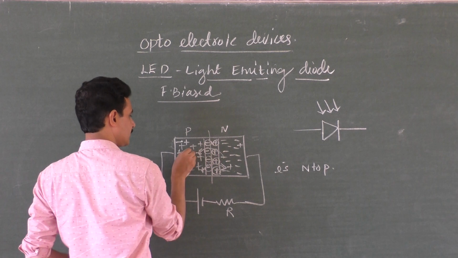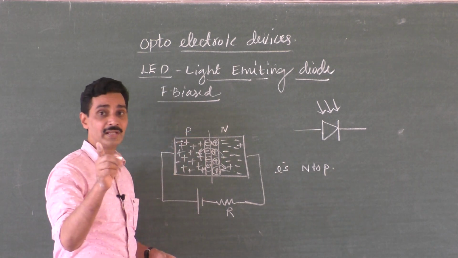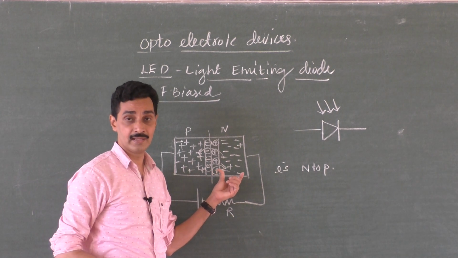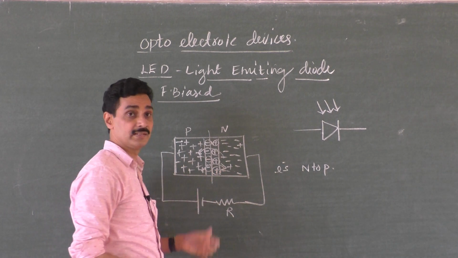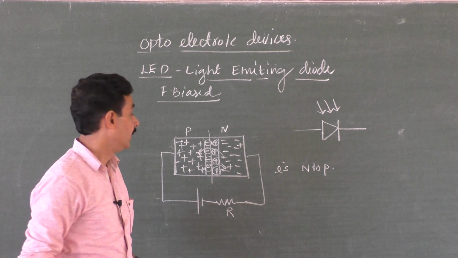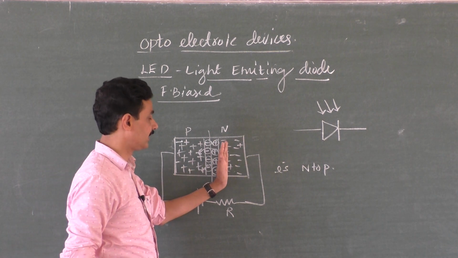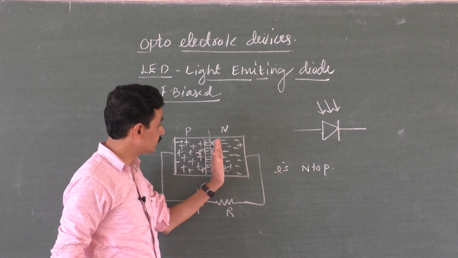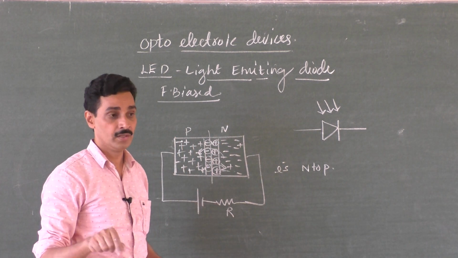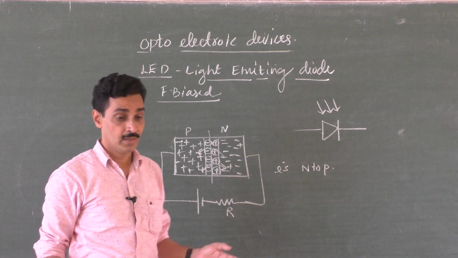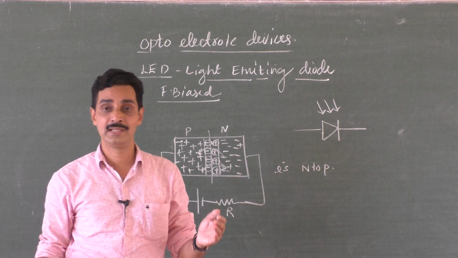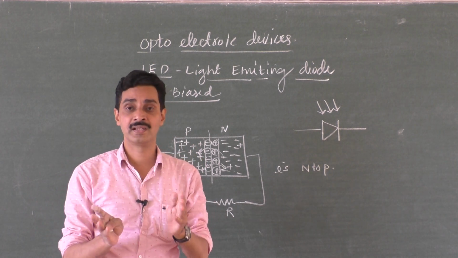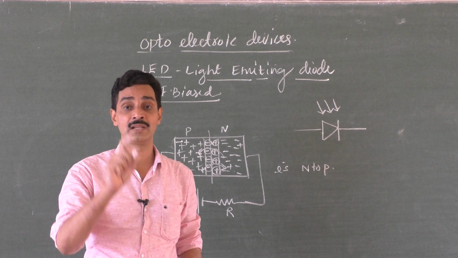When that electron comes here, in the P region, it is a minority carrier, isn't it? It may be a majority carrier in the N region, but when that electron comes to the P region, it is a minority carrier. And similarly, holes, when they move to the N region, in the P region holes are majority carriers, but by the time they move to the N region, they are minority carriers. So when electrons and holes cross to the other region, either side of the depletion region is filled with the minority carriers.